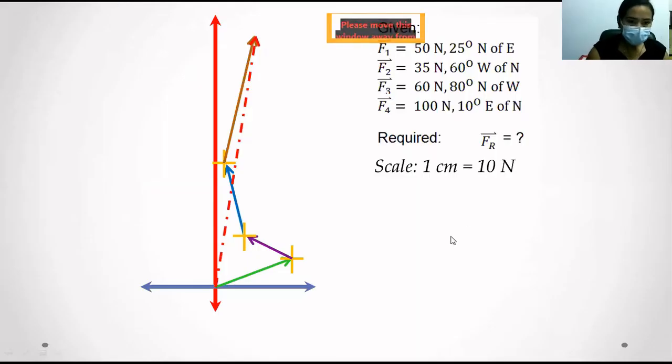Let us be reminded that when we say component method, we need to determine the x and y components of our vectors here, get the summation of F sub x, or the summation of the x components of our forces, then we need to get the sum also of the y components of our forces in order to determine mathematically our resultant force F sub r. So let's have a look at how it is done in the following slide.